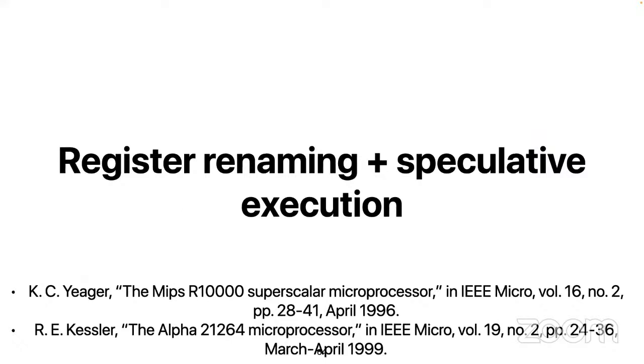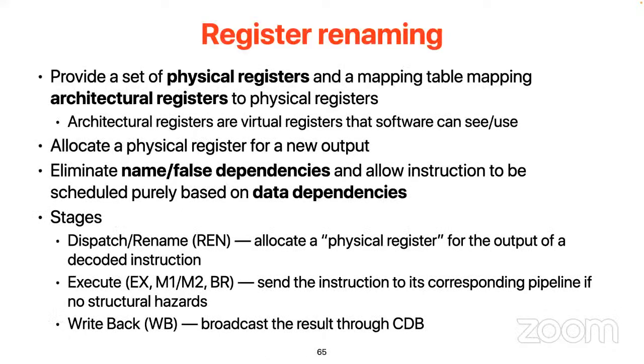So here comes the idea of register renaming and speculative execution: we provide a set of physical registers and a mapping table between architectural registers and physical registers. Whenever there's a new output, we allocate a new physical register. This way, we would be able to eliminate all the name dependencies and schedule our instructions purely based on data dependency.